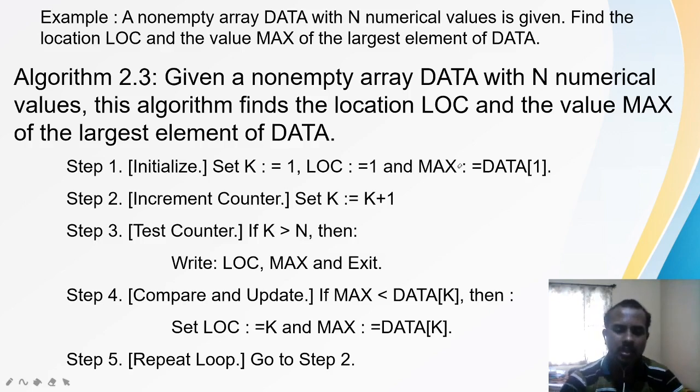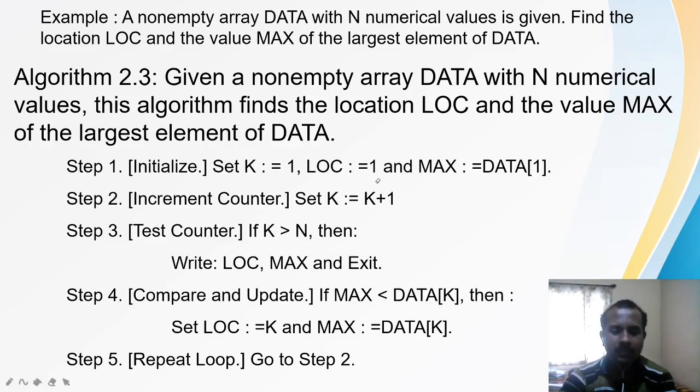So you are going to directly write, that means print, the location and the maximum element. Then you are going to exit. What do you mean by exit? Exit means the end of the program or the end of the algorithm. You are going to come out of the program.